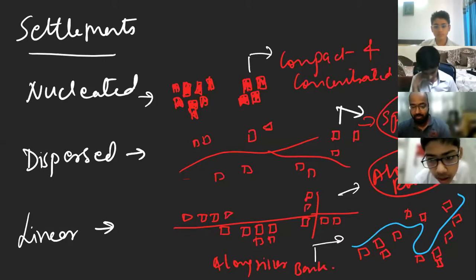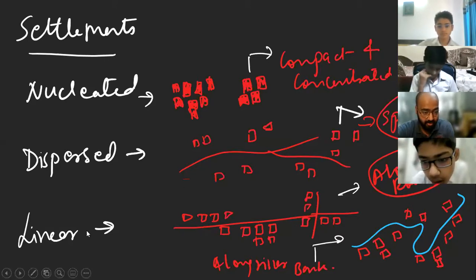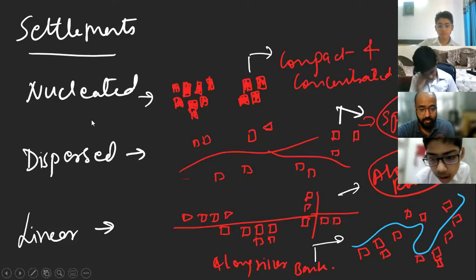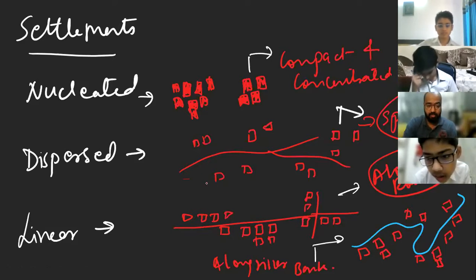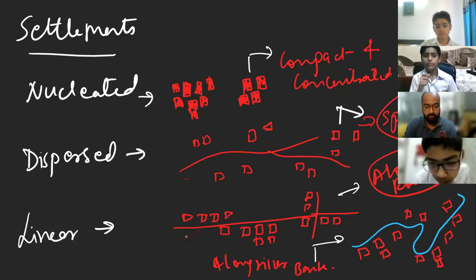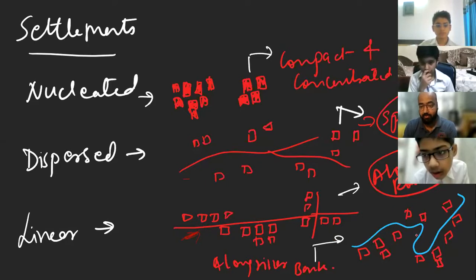Then linear settlement. It is also known as ribbon settlement. If you see it on your screen, this is a road, right? And along the road you can see these houses made. And this is a stream, this is the river. Along the river, you have these settlements made.